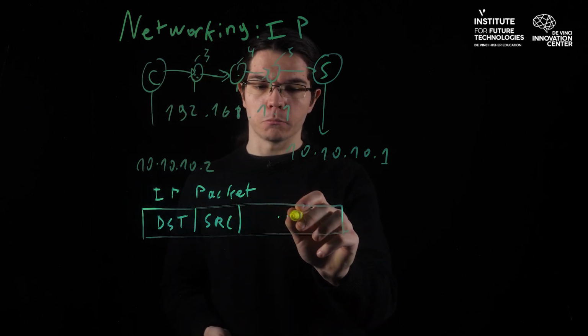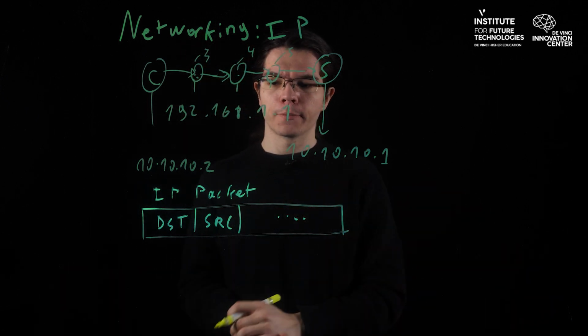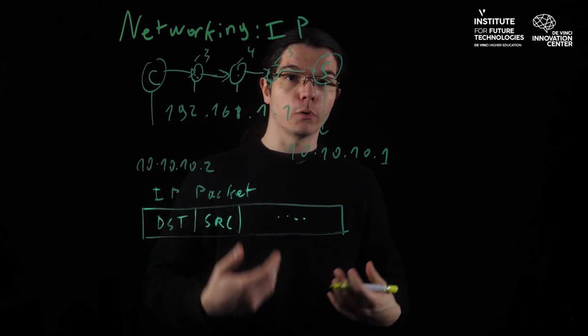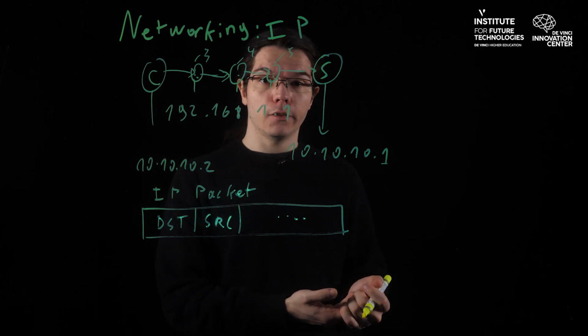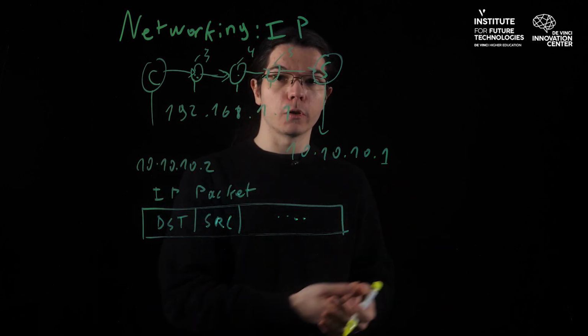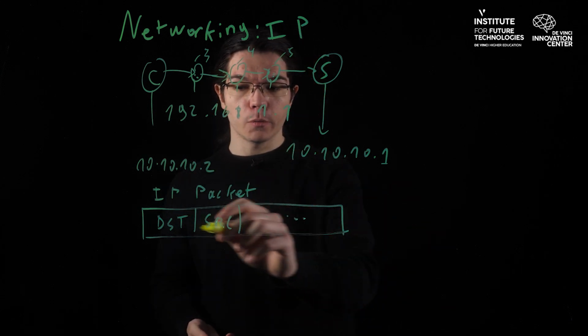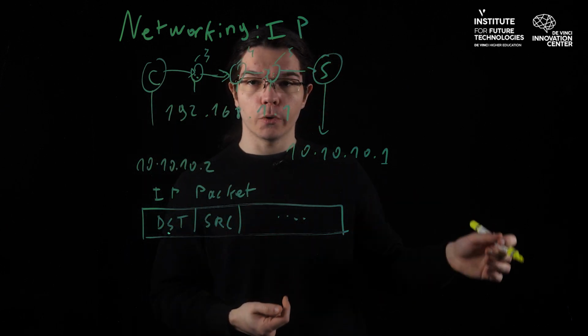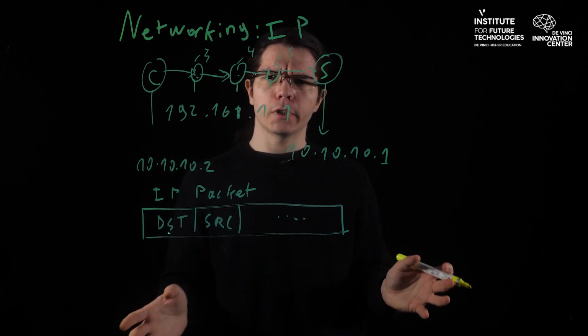And then you are going to send something that you want to send to the server. The source is your own IP address, and the destination is the IP address of who you want to send the message to. This is going to be used by all the computers on the way to forward your message.